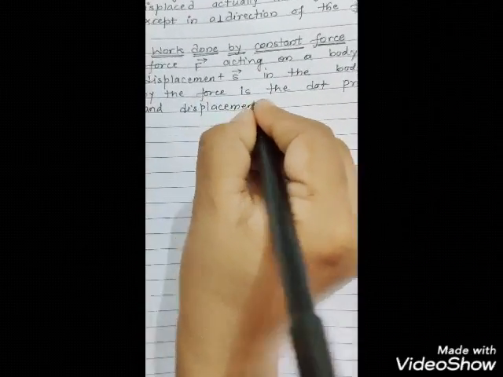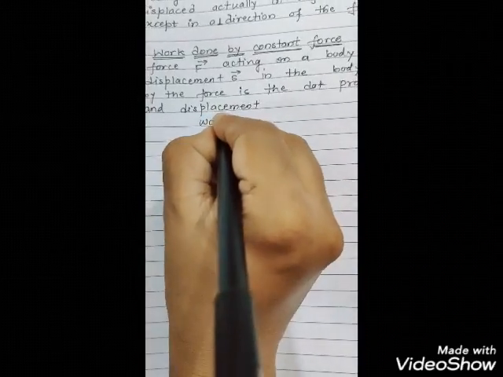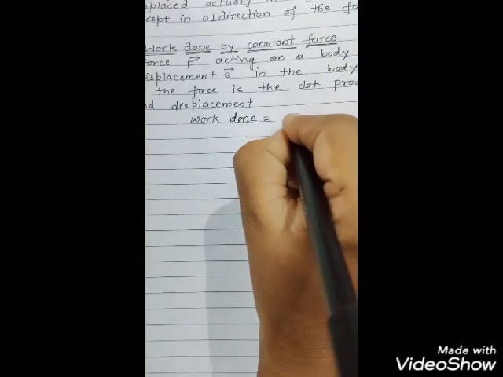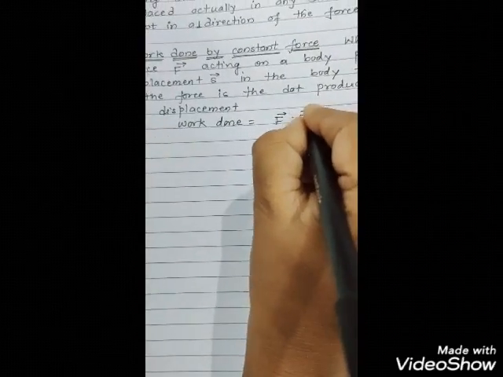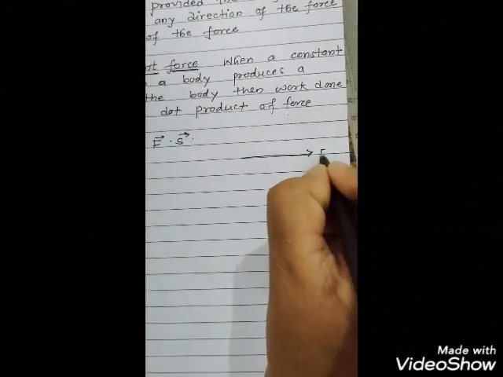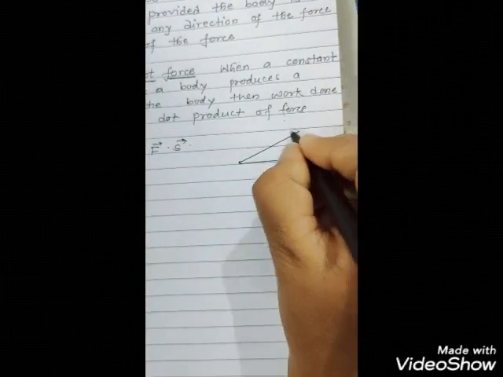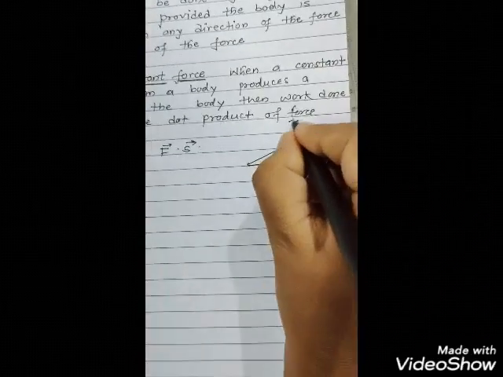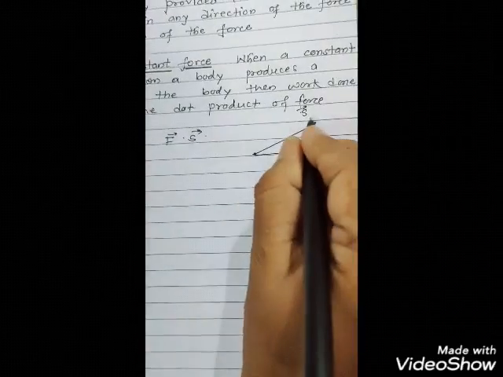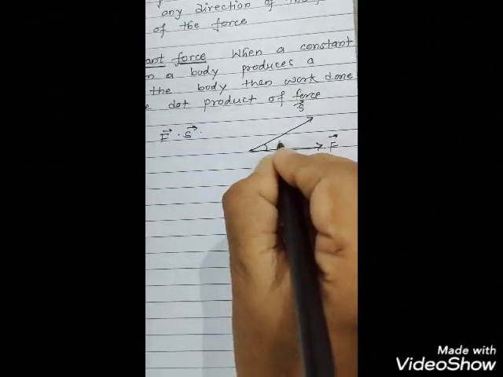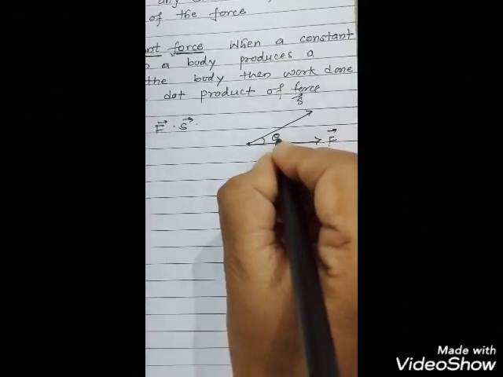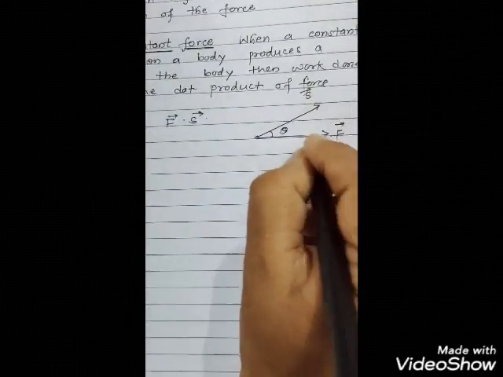So work done is equal to F dot S, where F and S are vectors, force and displacement. The angle between them is theta. This is the smaller angle between the force and the displacement.